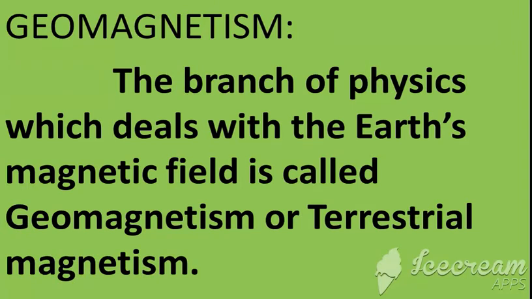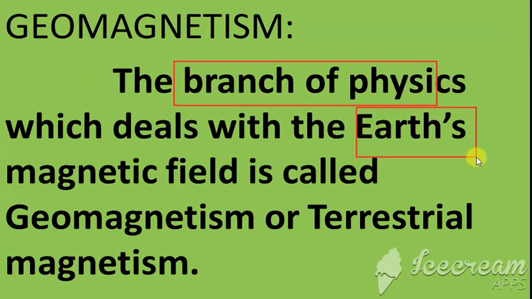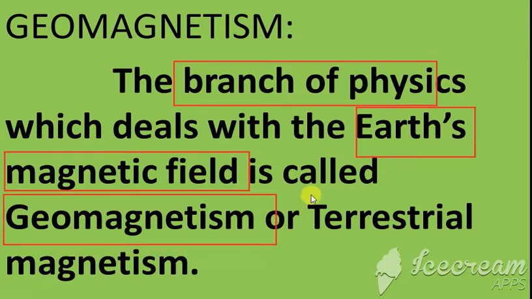What is meant by geomagnetism is the branch of physics which deals with the Earth's magnetic field. So that is called geomagnetism. The other word you can use is terrestrial magnetism.